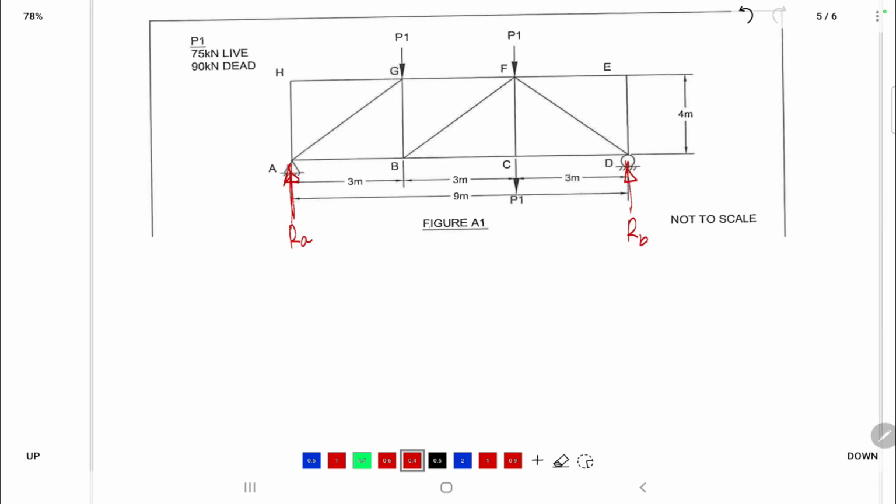Okay, R sub A, how can I find R sub A? I can take moments around D equal to 0, and any moment clockwise is considered positive.